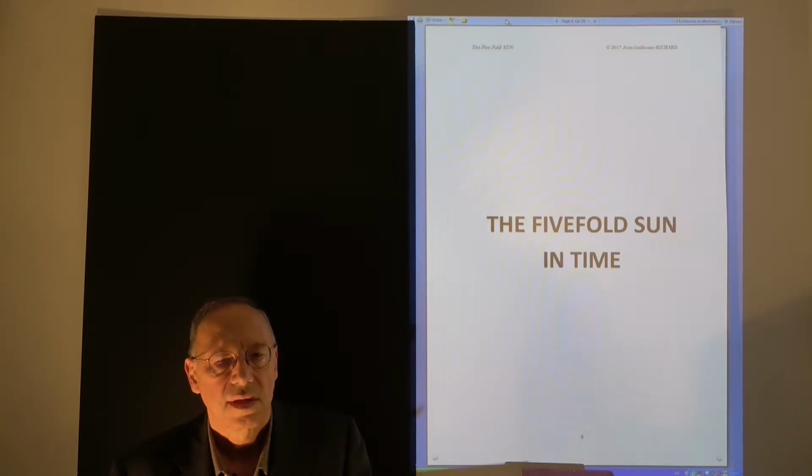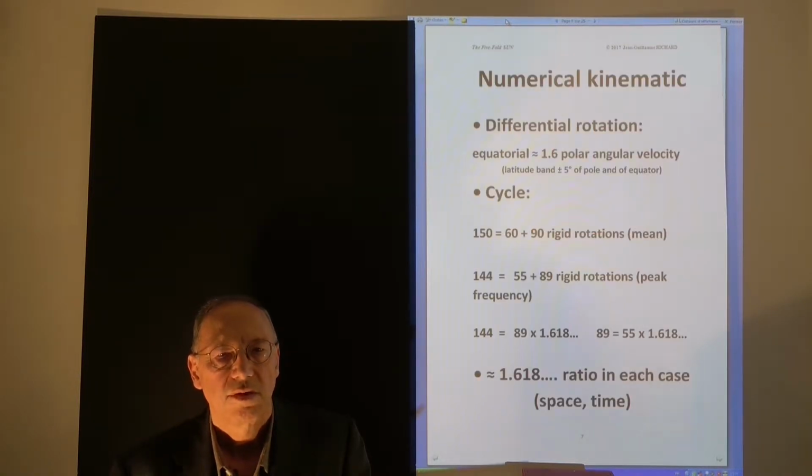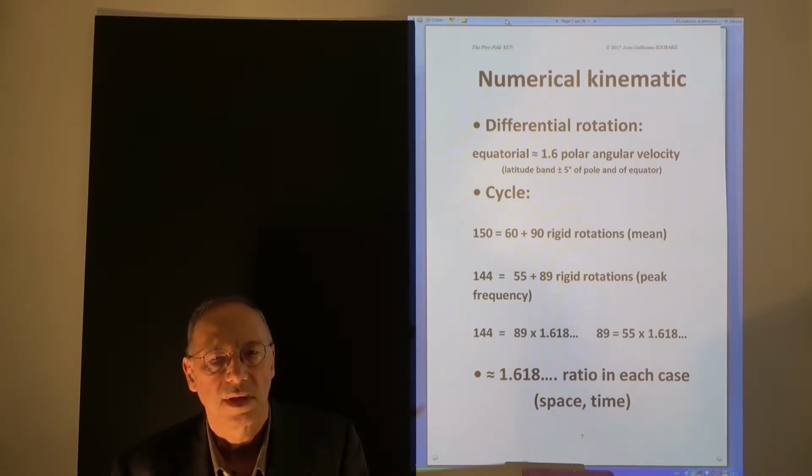The Sun in time displays a behavior which is as follows. Differential rotation: the angular velocity at the equator is nearly 1.6 times the angular velocity at the poles, in a latitude band of plus or minus 5 degrees about either pole and about the equator.